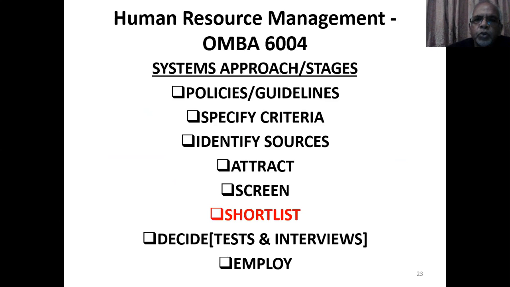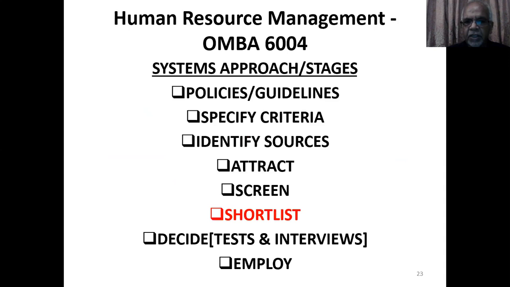We also have to identify the sources. Do we attract and look for people from inside the organization or from external markets, that is the labor market? Then we have to organize what we call the attraction, that is, how do we recruit, that is, ensure that people in sufficient number apply for the vacancies which are available in the organization.